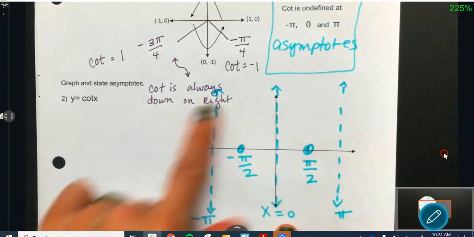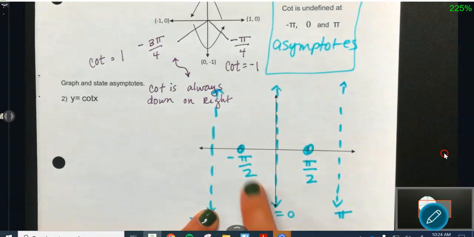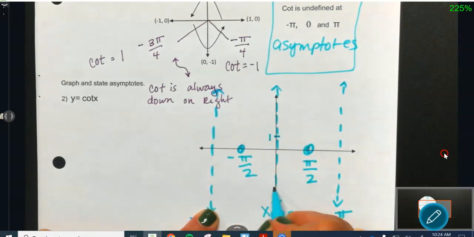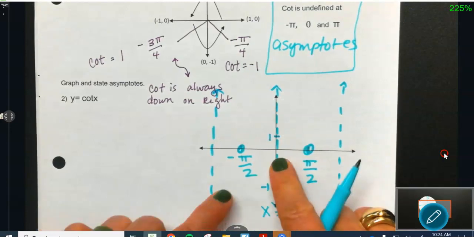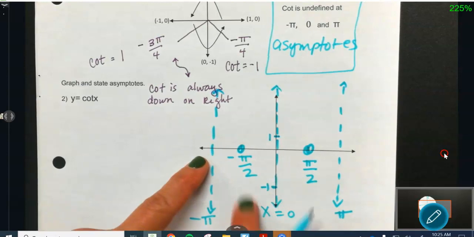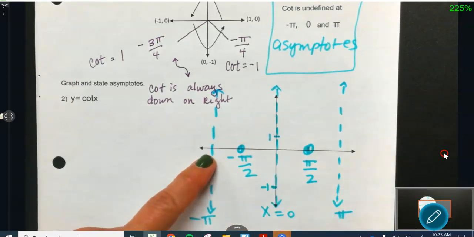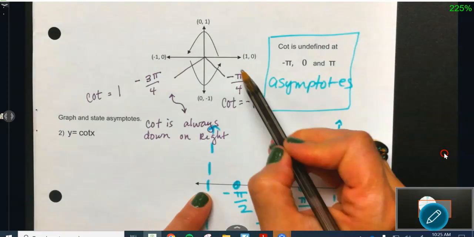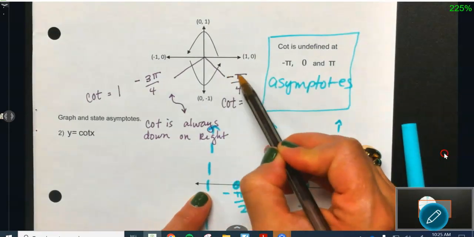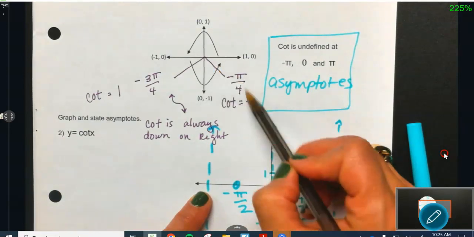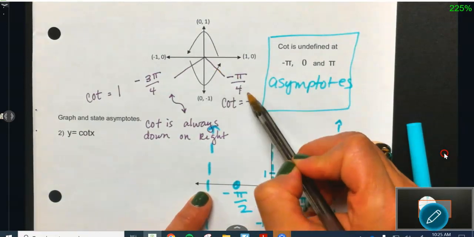Now look over here, y'all, I'm on the negative side. So if I tried to figure out where positive 1 is and negative 1 is, I have to go clockwise because I'm on the other side, the negative side. So if I go down to negative pi over 4, that is going to be underneath, guys.